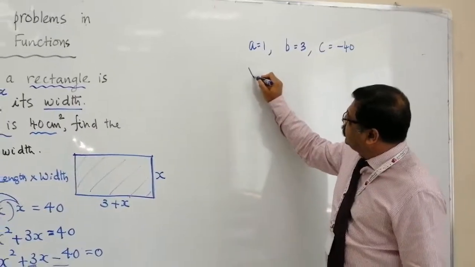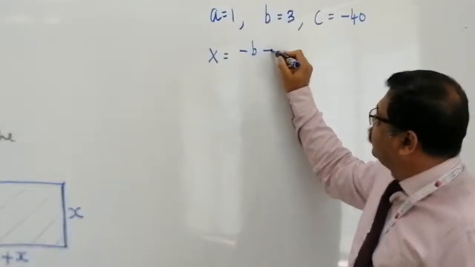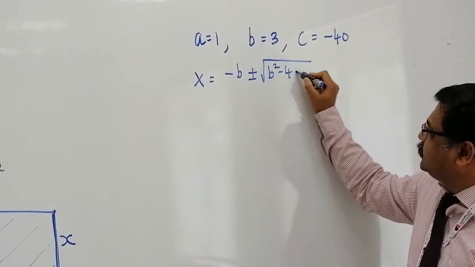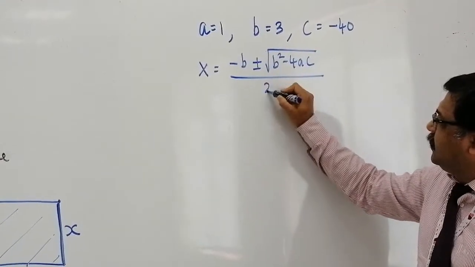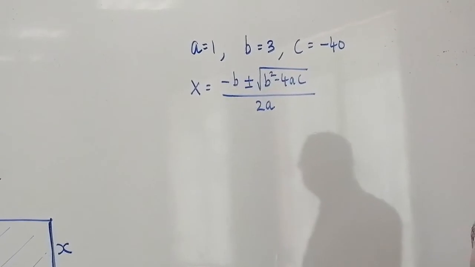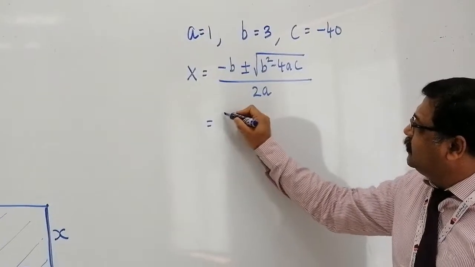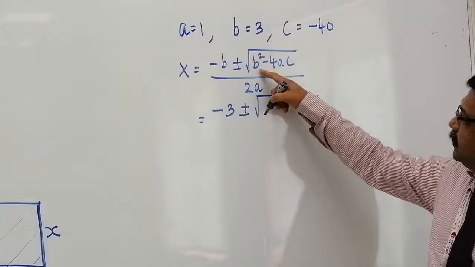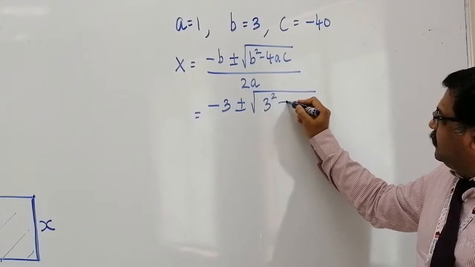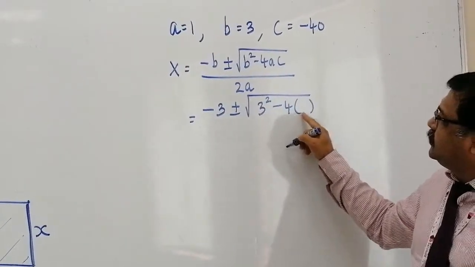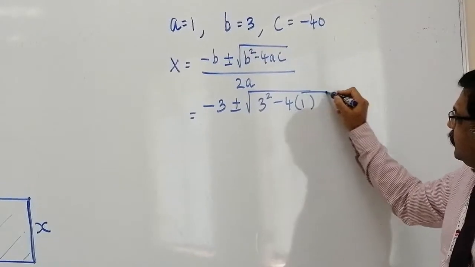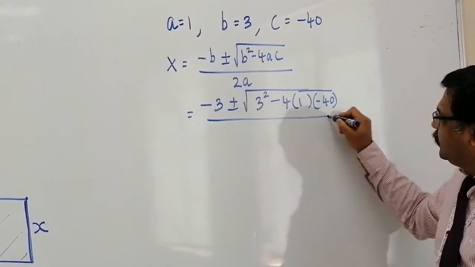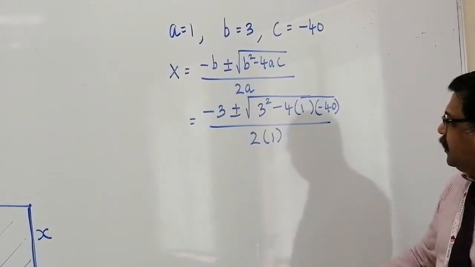So the quadratic formula to find x is minus b plus or minus square root of b square minus 4ac, divided by 2a. Let us substitute these values. Minus 3 plus or minus square root of 3 square minus 4 multiplied by a, 1, multiplied by c, that is minus 40, divided by 2 multiplied by 1.